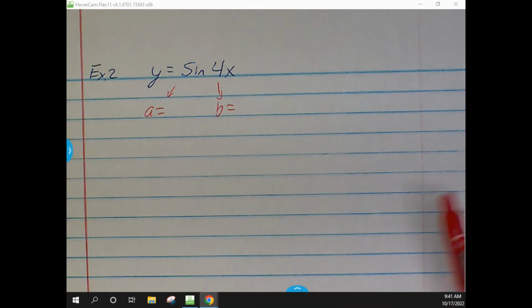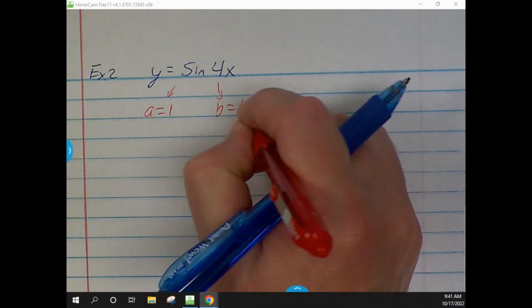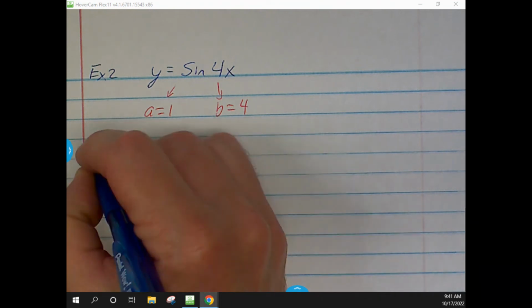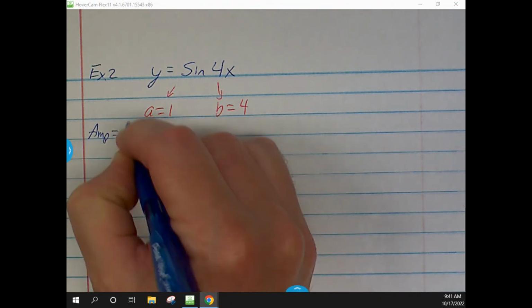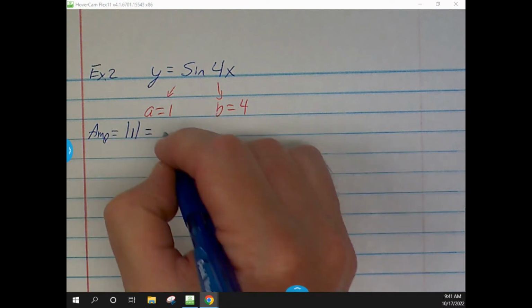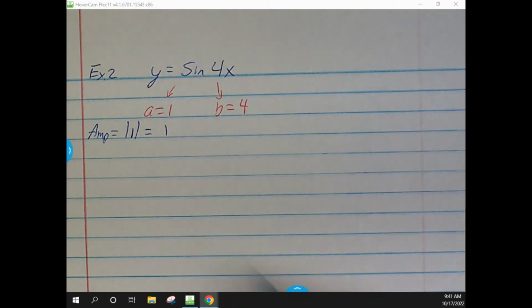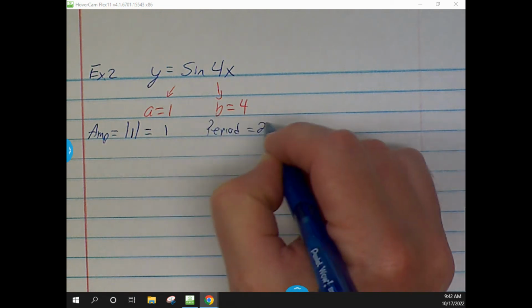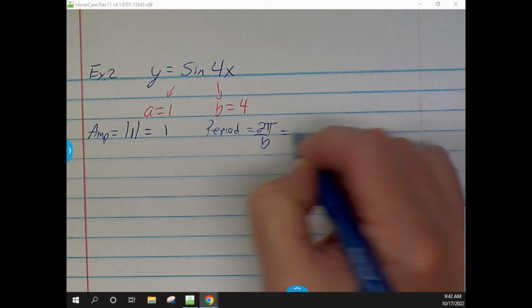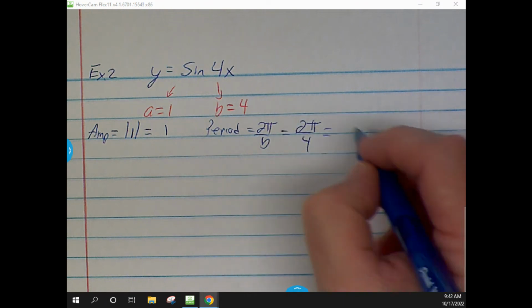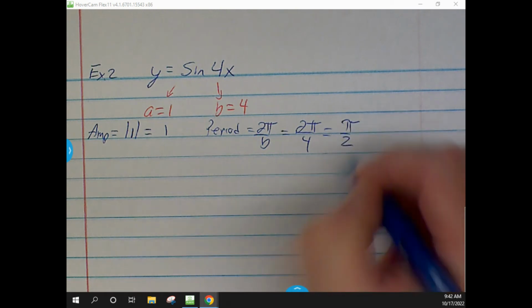So now our A is 1 and our B is 4. We're doing the amplitude, which is the absolute value of 1, which is just 1. And for the period, that is 2 pi over B, which is 2 pi over 4, which is pi over 2.